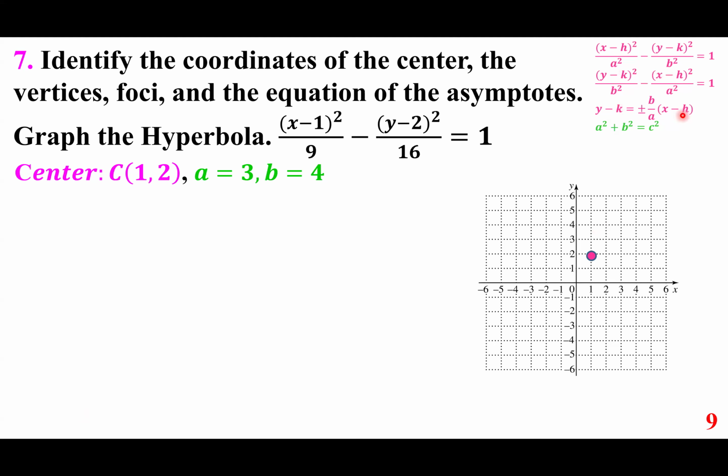Instead of x, you would have x minus h. In other words, I'm going to remind you, we had the formula y equals plus minus b over a times x, right? Now, this says change it to y minus k. This says change it to x minus h, and that's exactly what we get here.